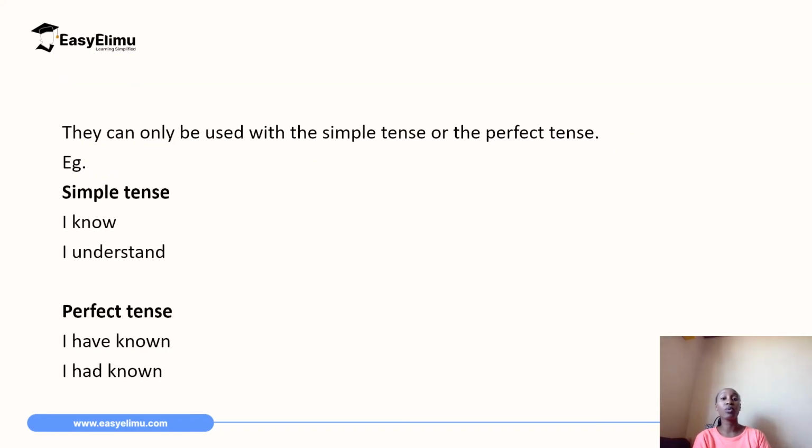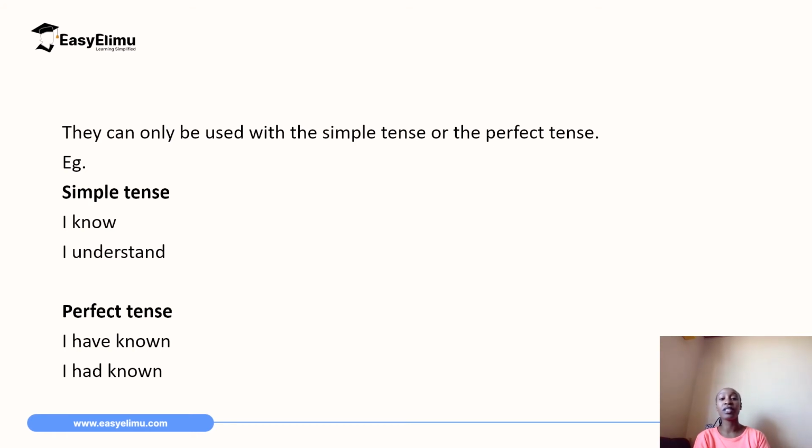Remember, when we talked about action verbs, we said that they are used with all tenses. Now, for stative verbs, that is not the case. Stative verbs are only used with the simple tense or the perfect tense. So we cannot use them with the continuous tense. So, for example, in the simple tense, I can say, I know, or I understand, I believe.